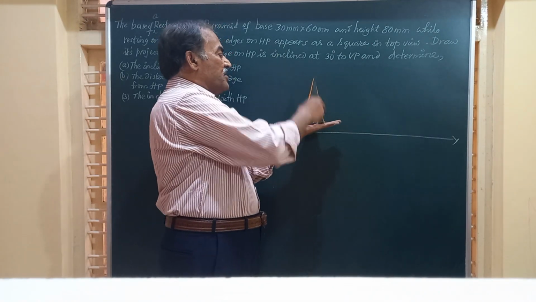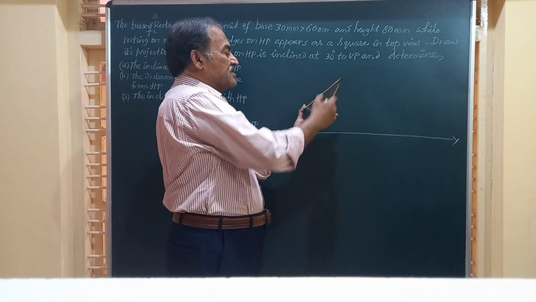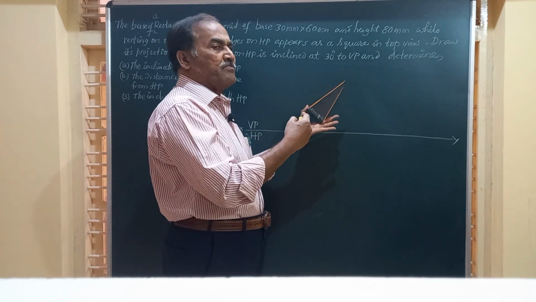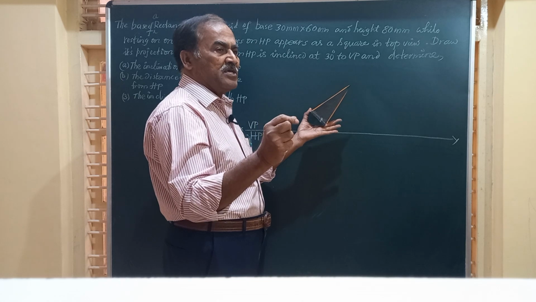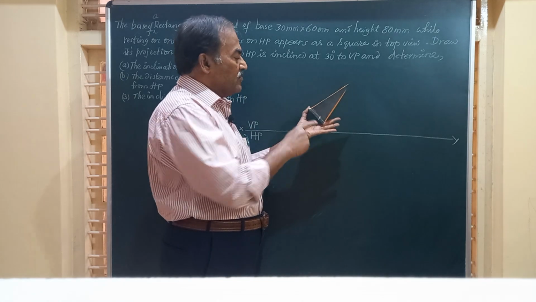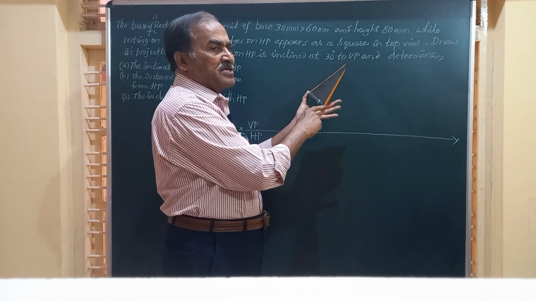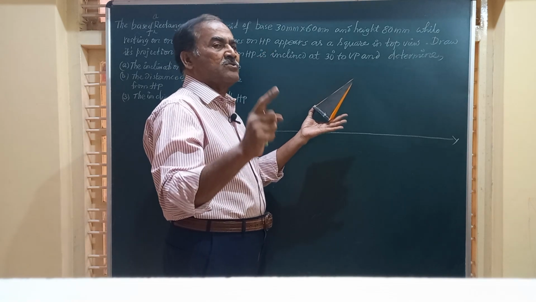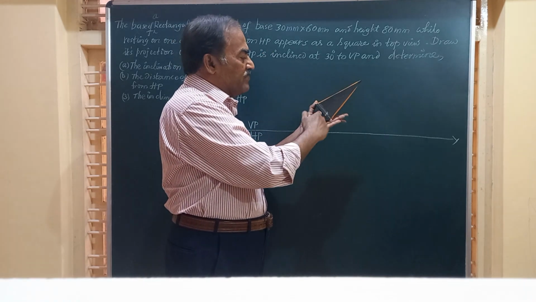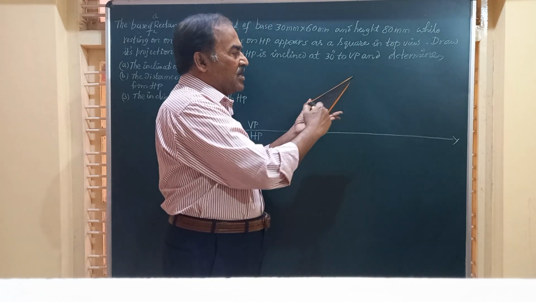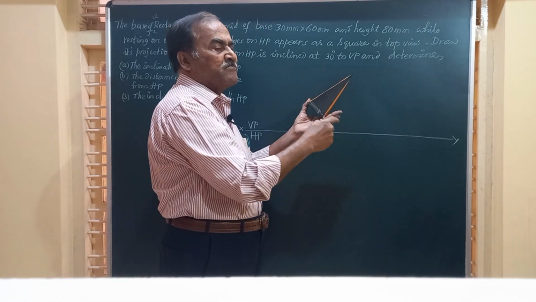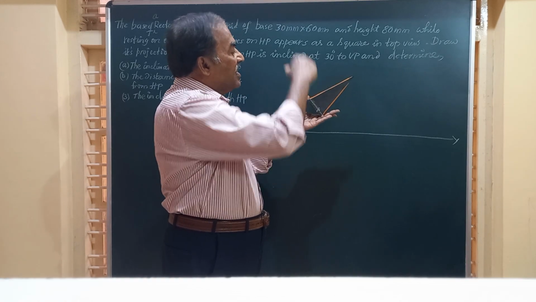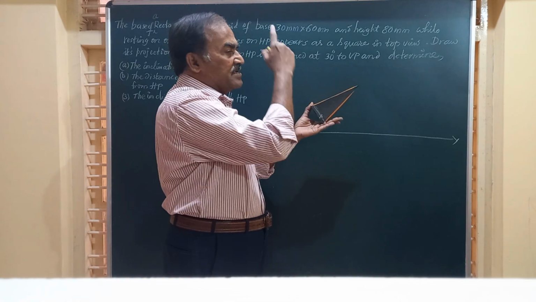So that when you tilt this object like this, friends, these two shorter edges, since they are perpendicular to the VP, remain the same, whereas the longer dimension gets reduced. So there is one particular inclination of the base with the HP, or the axis with the HP, for which this 60 millimeter side appears as 30 mm.